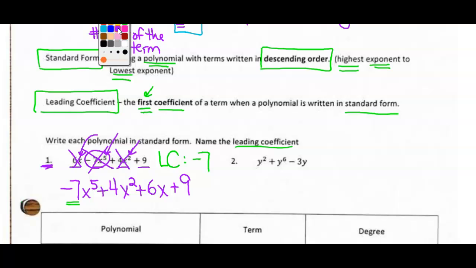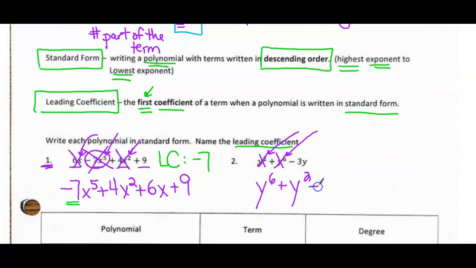Okay, so I'm going to start explaining number 2, even if you're not done. First off, you should see that number 2 has 3 terms. And then you're going to look for the highest degree. The highest degree is y to the 6th. That comes first. Second would be y to the 2nd. Right there.